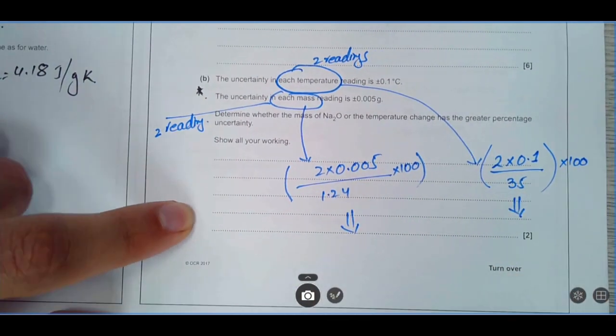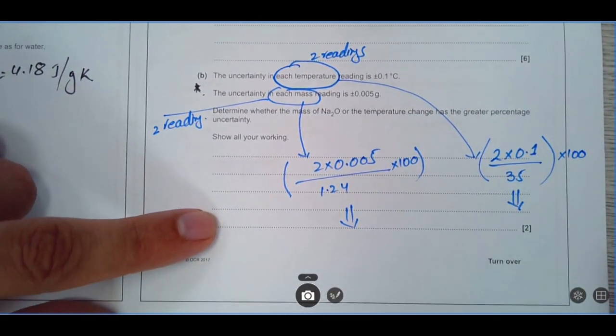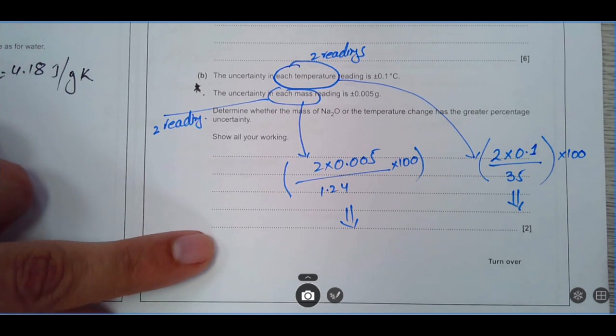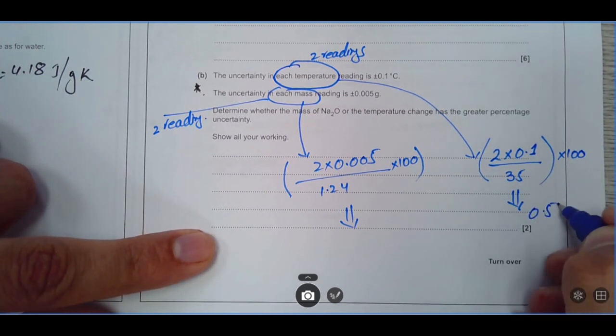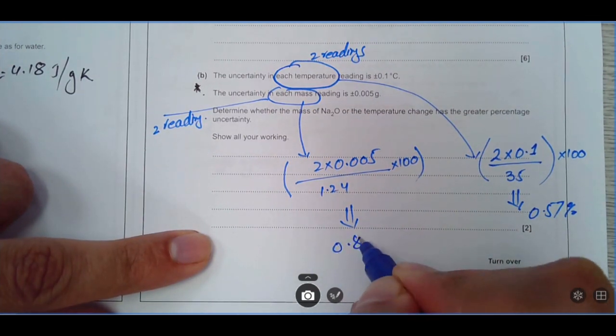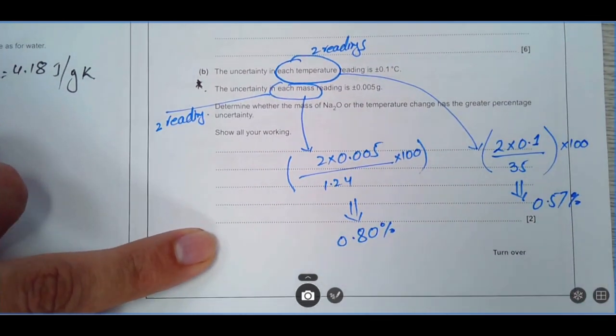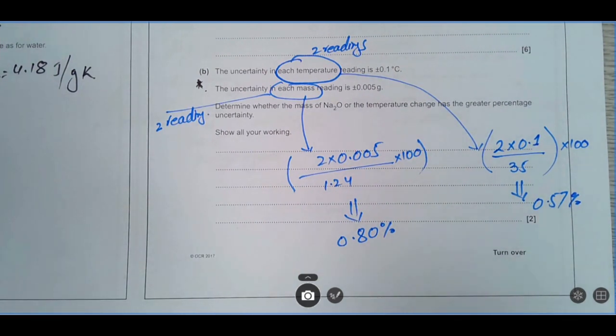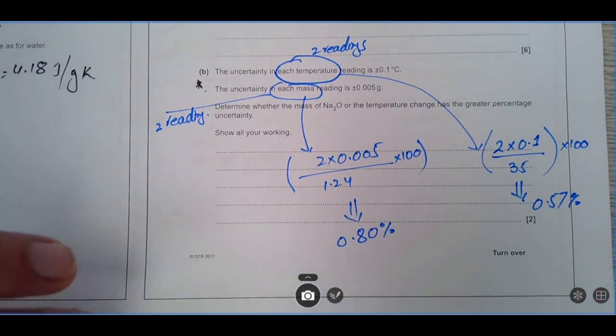If you work it out for the top one, you will end up with a value of 0.57%, and for the left one, you'll end up with 0.80%. So which one has the bigger error? Mass has the bigger error.